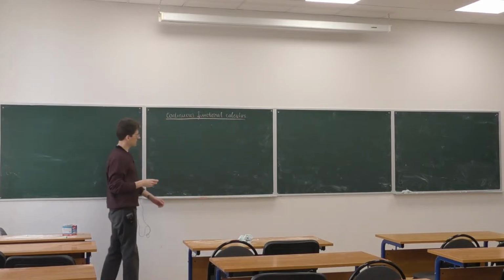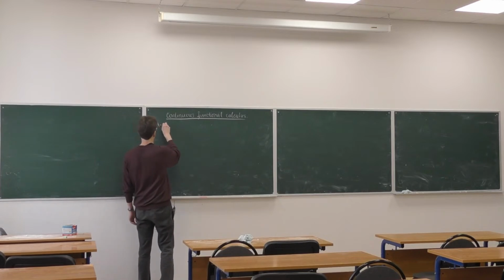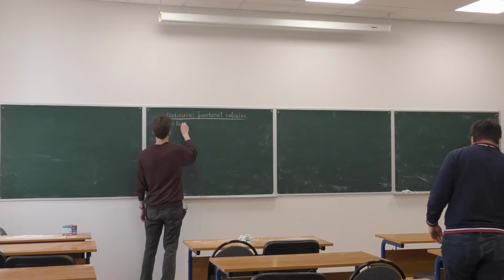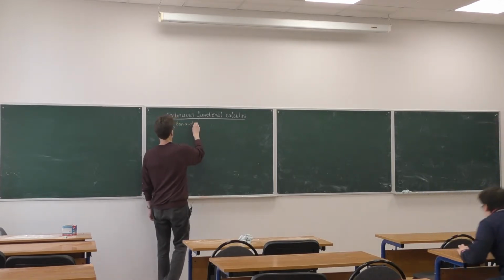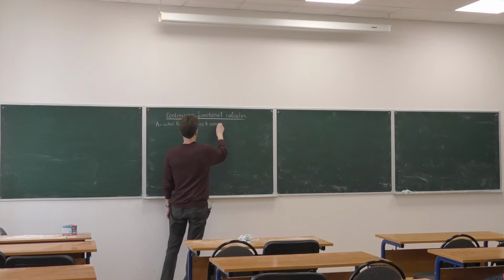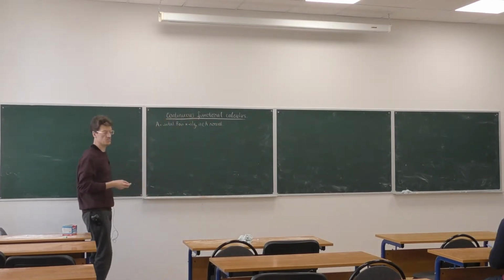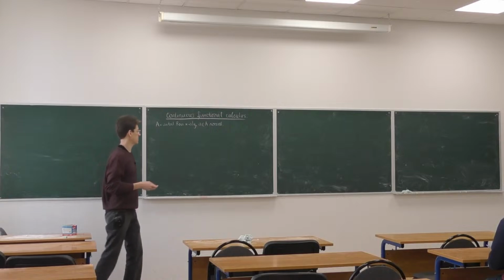So suppose we have a unital Banach star algebra A and a normal element little a. Let's recall that normal means that a commutes with a star, with its adjoint.